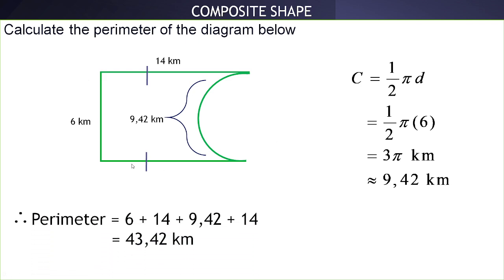Therefore, we'll have the 6 kilometers plus the 14 kilometers plus the 9,42 kilometers that we just found, the distance along the arc of the semicircle, plus the 14 kilometers at the bottom of the shape, since the top and the bottom lengths are equal, indicated by the symbols we see here. Then we add all of those lengths, and that will come out as 43,42 kilometers.